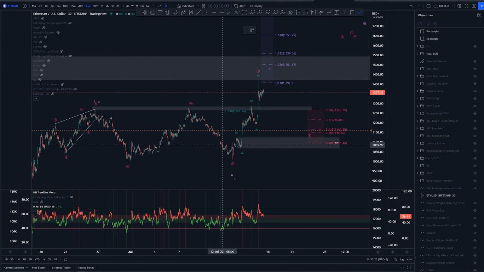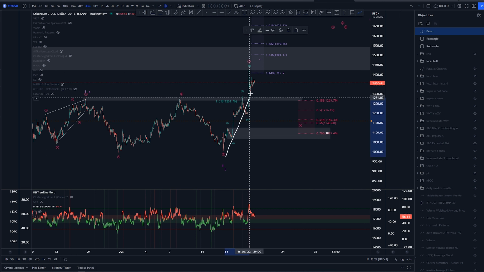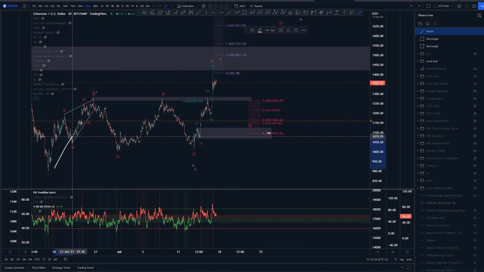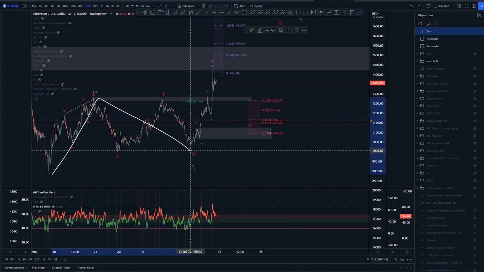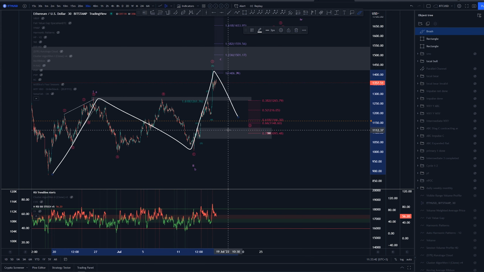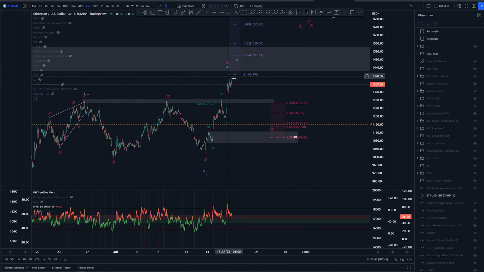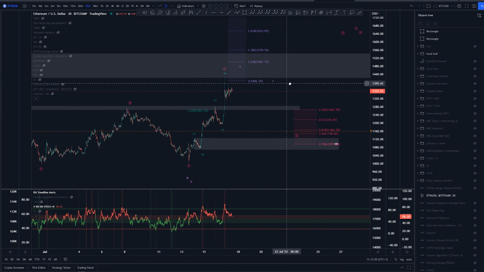Now as we have two labels, 1 and A here, this would mean that this C wave or 3 or 5-wave structure here is either going to be finishing this whole structure of A, B and C, or this is just a 1, 2, 1, 2. So both of these are saying that we should be coming down soon-ish, unless this is not done completely yet.